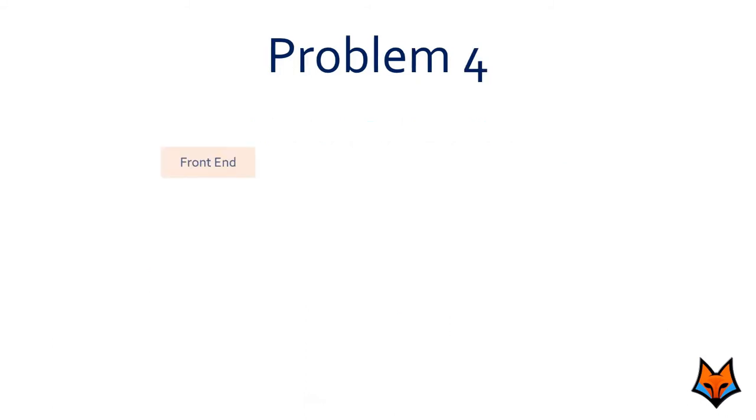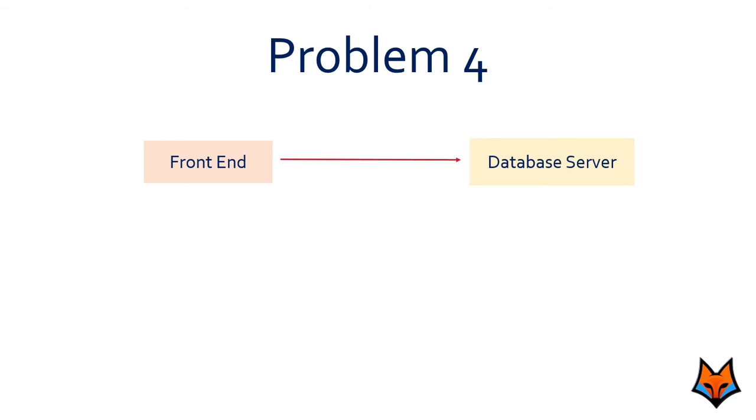Problem 4. Suppose we have our front end application and we connect this application to the database server. For this we need a data pipeline, which is a connection link between the front end application and the database server.